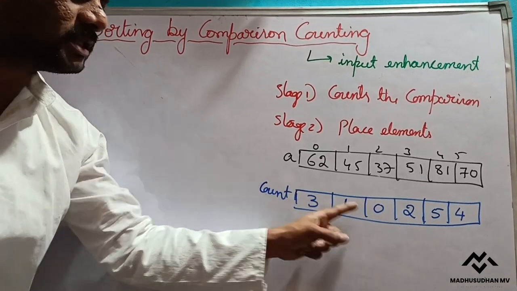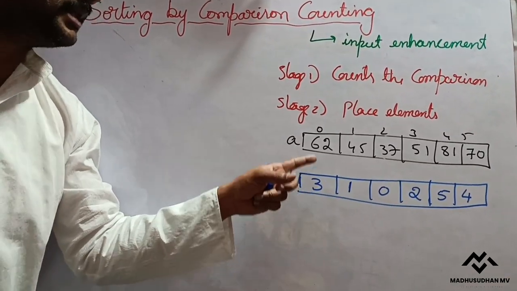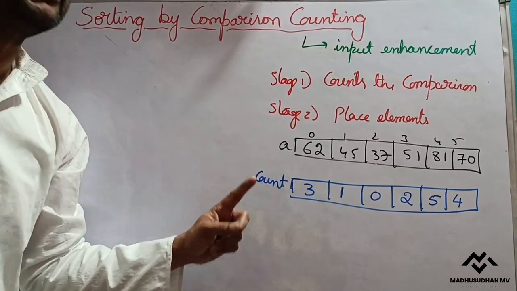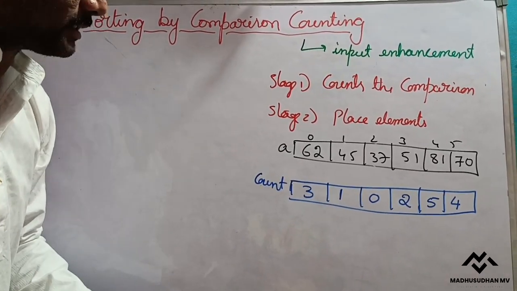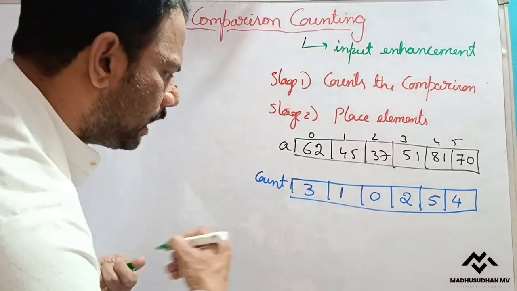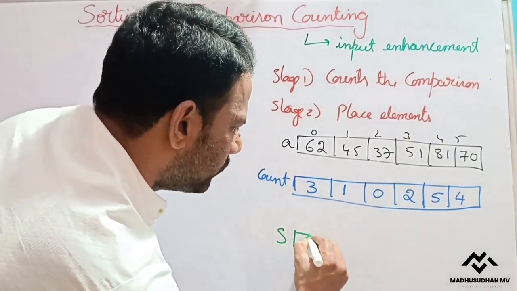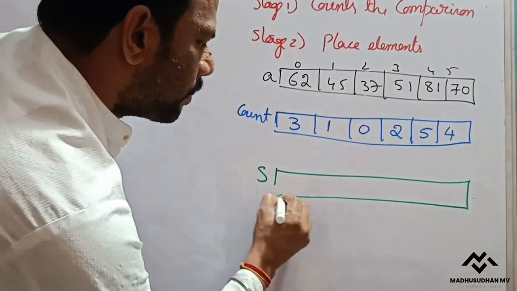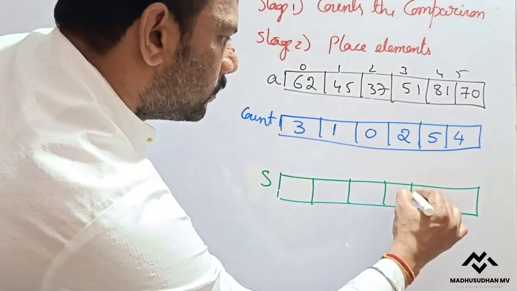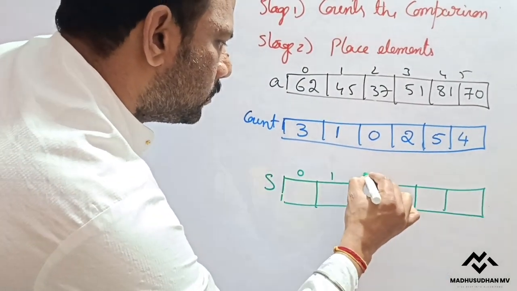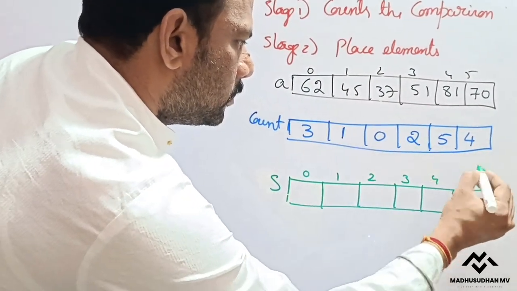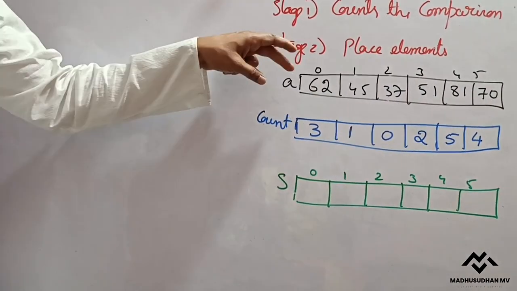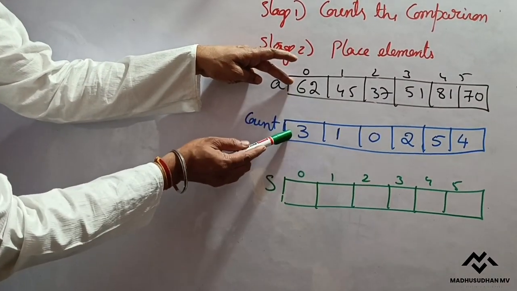Now we will use this count to place the input elements in the sorted array. For that, let us take a sorted array, my output. Now I need to place 62 in position 3.